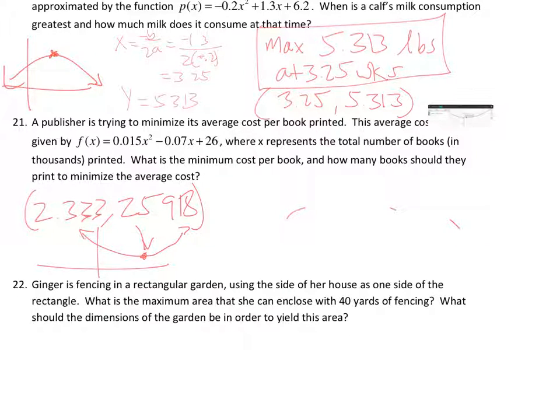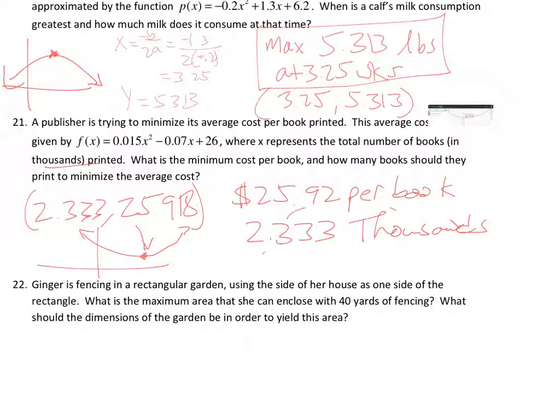So we could say, what's the minimum cost per book? Well, we can say that the cost is $25.92 per book. And this is at 2.33 thousand books, right? It says in thousands.